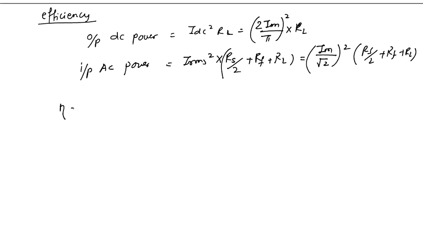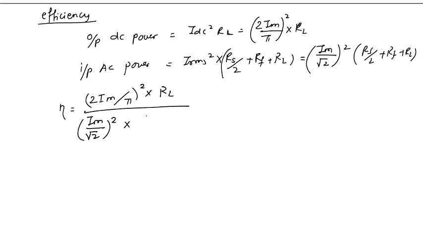Now the efficiency will be (twice Im by pi) whole square into RL divided by (Im by root 2) whole square into (RS by 2 plus RF plus RL), into 100%.